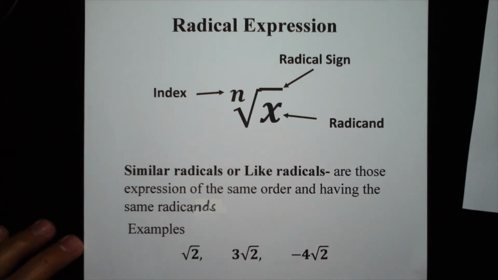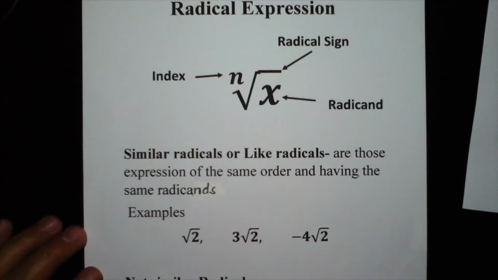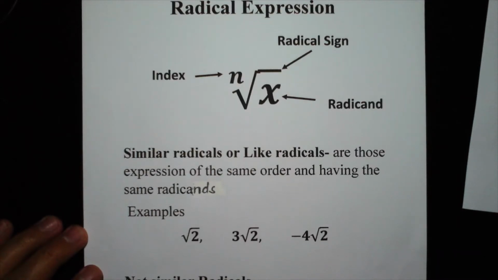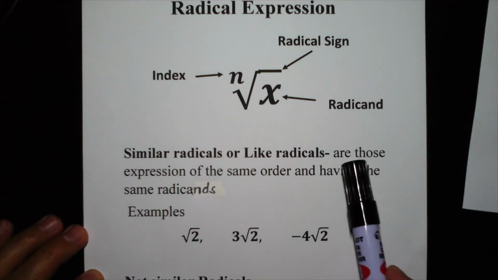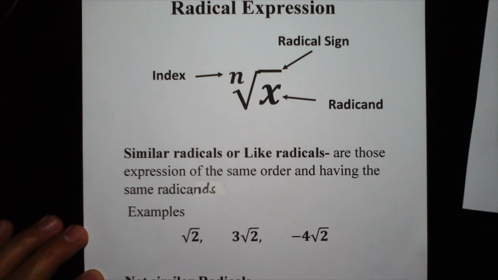Okay, so we have here similar terms, or similar radicals, or like terms. So what are similar radicals or like radicals? Those are expressions of the same order having the same radical.